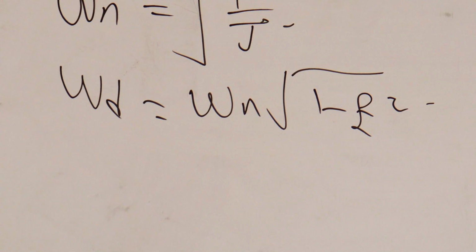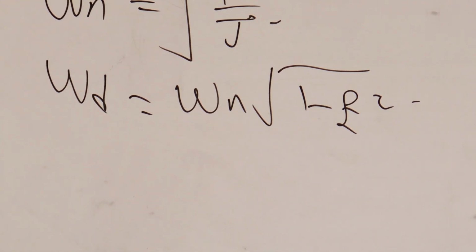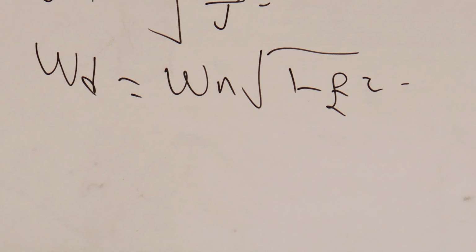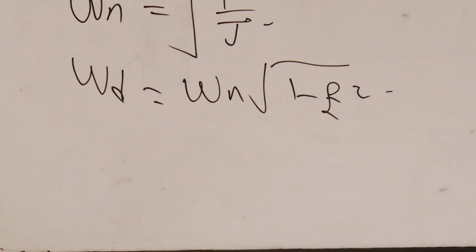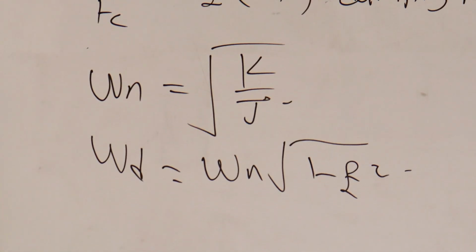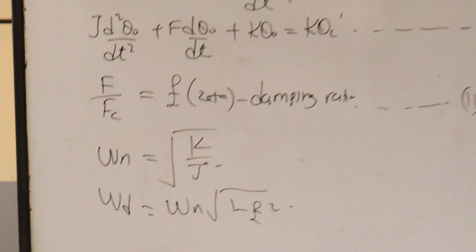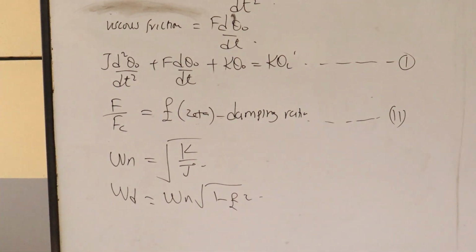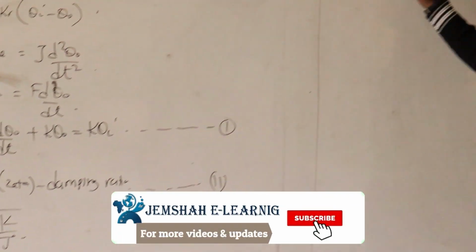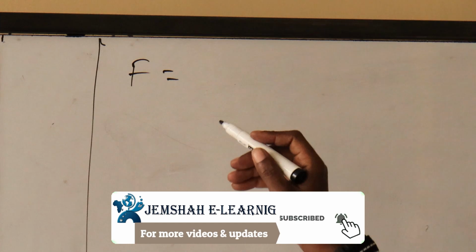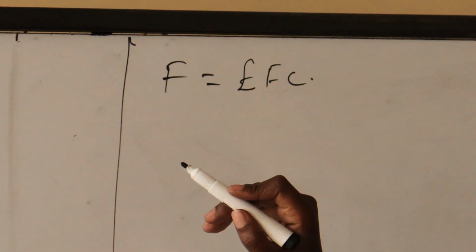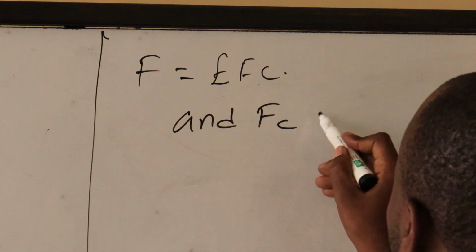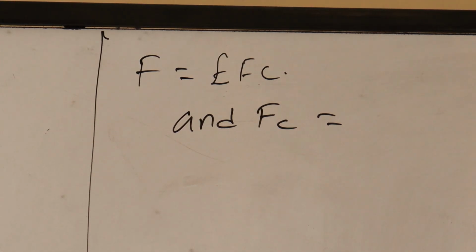So if we look at equation number 3, that is Fc, we can now find F. We said that F is equal to zeta Fc, and Fc is given by 2 root of kJ.